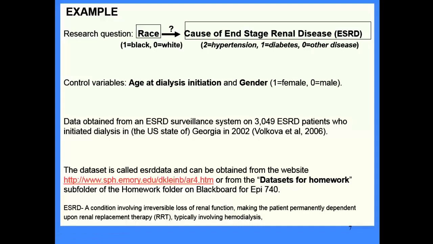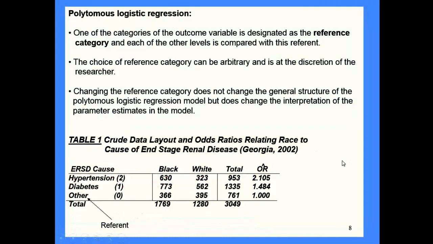But you don't have a homework assignment dealing with this data set. It's in that list of data sets in the subfolder of the homework folder on Blackboard, but just mentioning that. So anyhow, again, one of the categories is usually designated a referent category. The choice of the referent category is arbitrary.